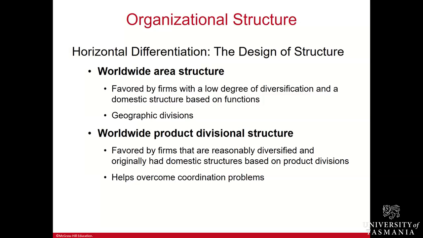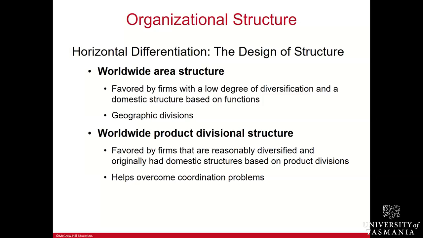And in this model, when these geographic divisions happen, they are obtaining a domestic structure based on the functions. They are mostly decentralized from the center, and they are having their own business unit within every geographic division.